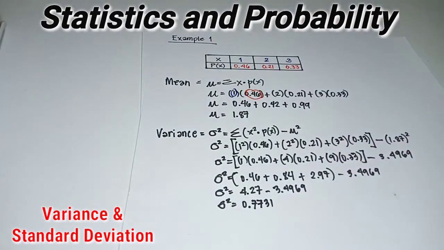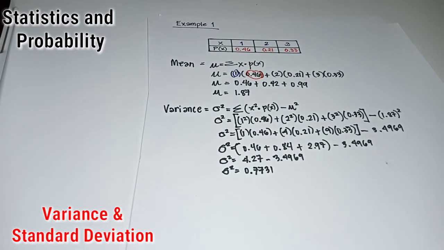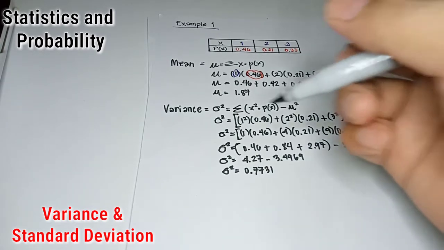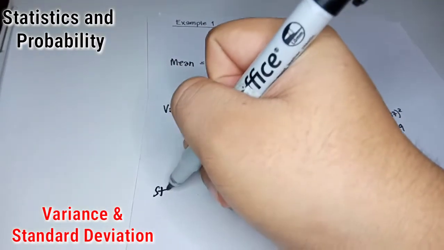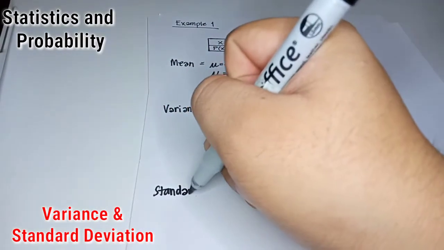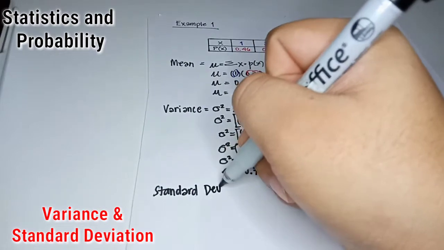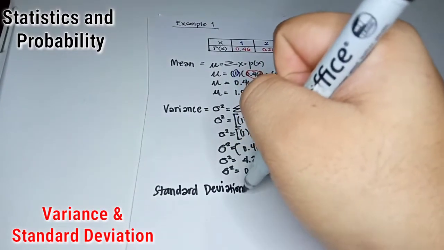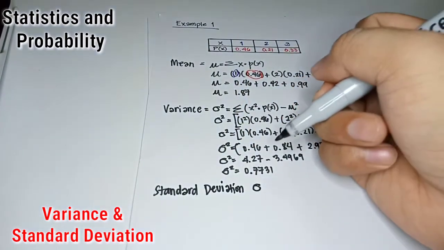This time we'll have the standard deviation, since variance and standard deviation are related to each other. If variance is sigma squared, standard deviation is just sigma, lowercase sigma.